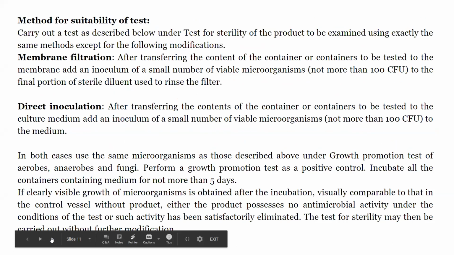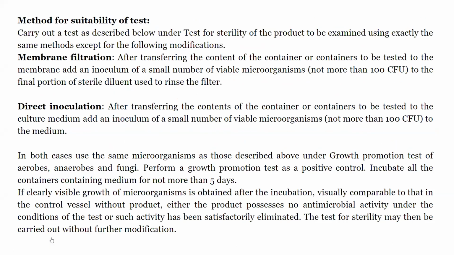Next, we'll see the method suitability of the test. Carry out a test as described below for sterility of the product to be examined, using exactly the same method except for the following modifications. Membrane filtration and direct inoculation are the two methods by which the final product will be tested for sterility using the earlier two culture media.